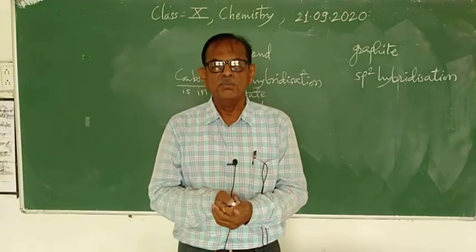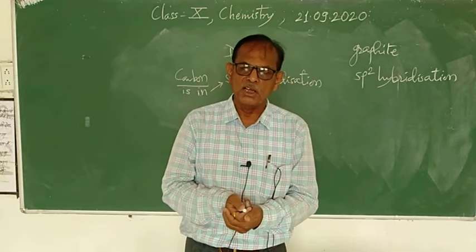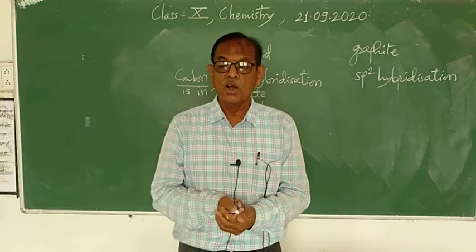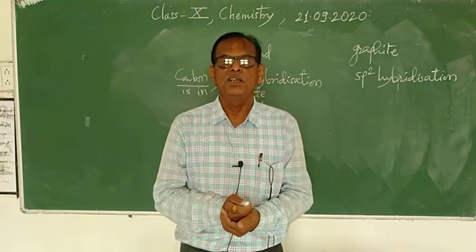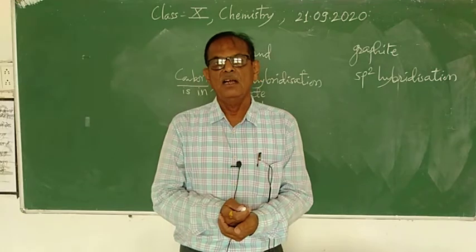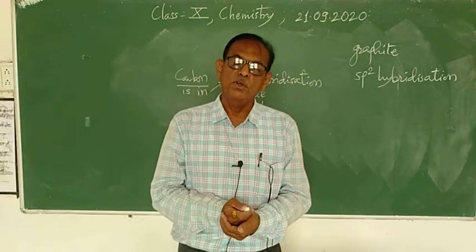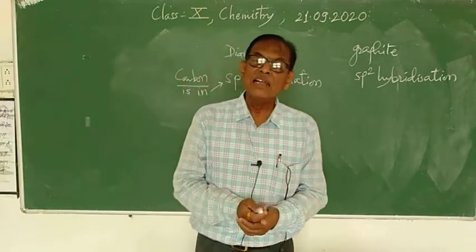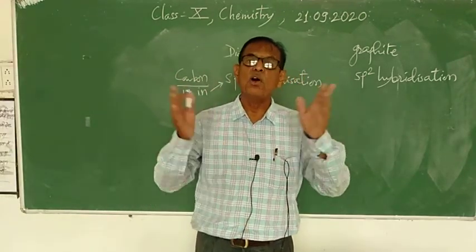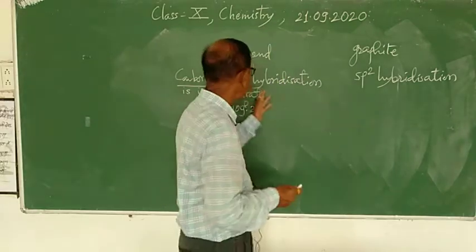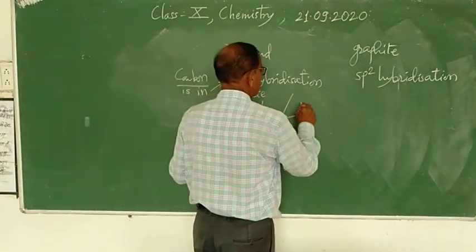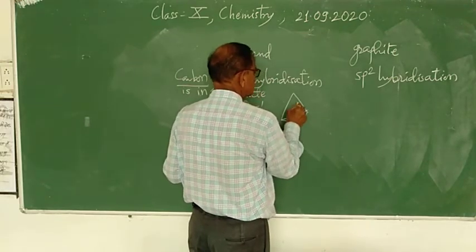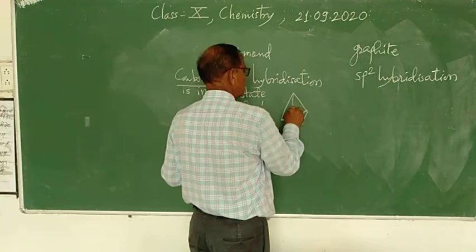So hybridization is a process in which orbitals of the outermost shell, having near about the same energy, mix into one another and redistribute their energy, producing new orbitals of equivalent energy, equal shape and size, directed to the 4 corners of a regular tetrahedron. For example, in case of diamond, the 4 orbitals are directed to the 4 corners of a regular tetrahedron.